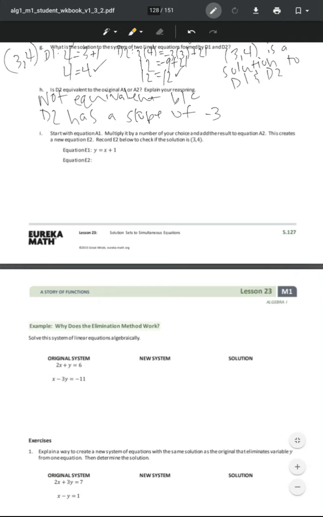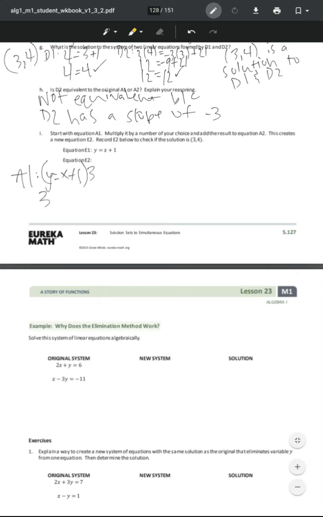I'm going to multiply A1 by 3, and then add that to A2. A1 is y equals x plus 1, and I want to multiply this by 3 because that's the number that I picked.